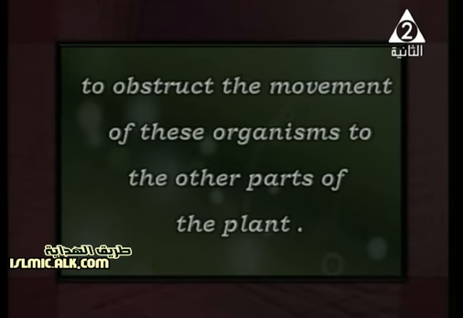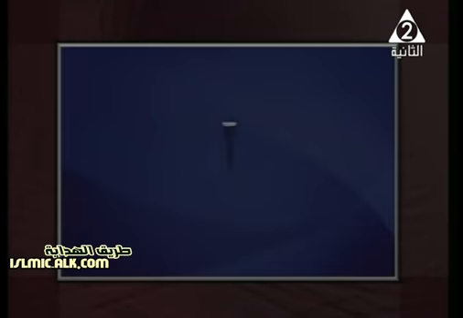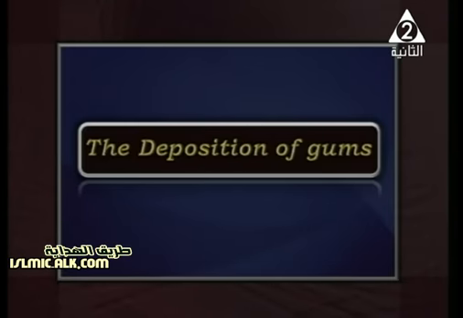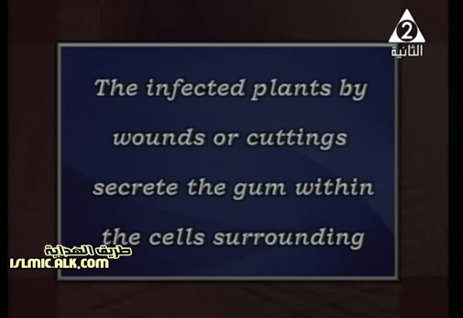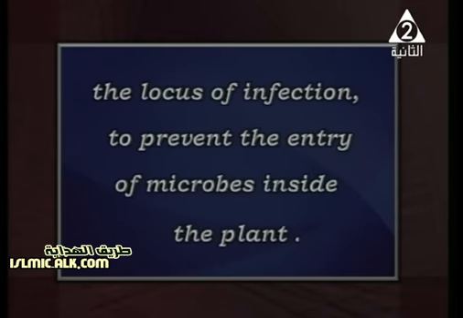And also to obstruct the movement of these organisms to the other parts of the plant, to prevent the pathogen from spreading inside the plant. And also the deposition of gums. When the plant is infected by wounds or cutting, there is secretion of gum within the cells surrounding the locus of infection.